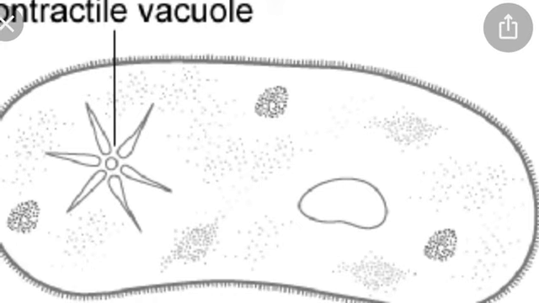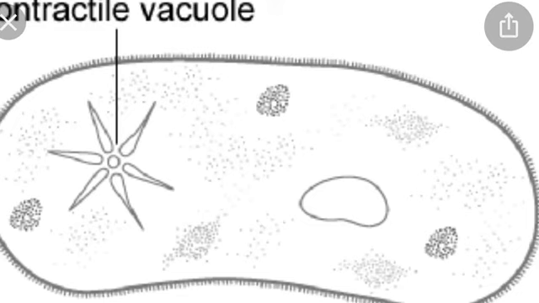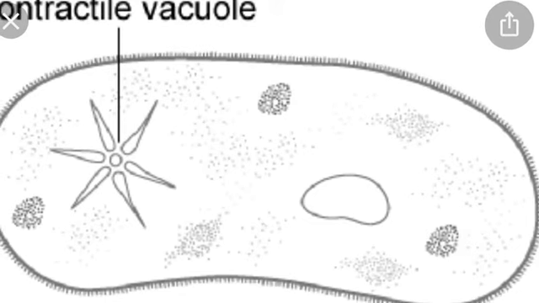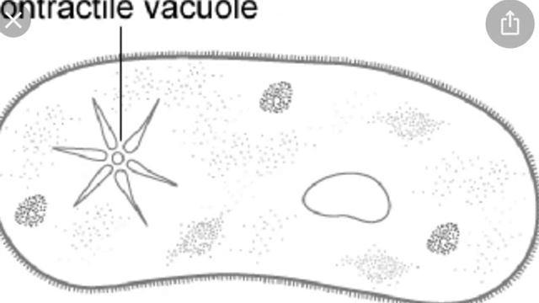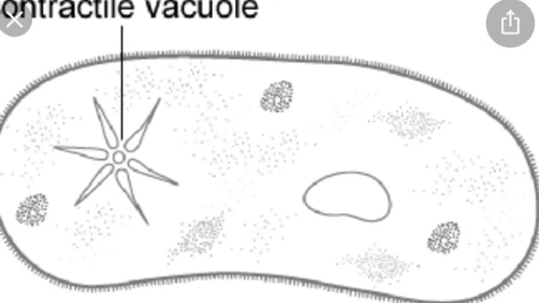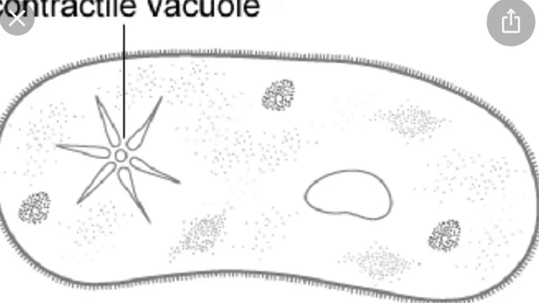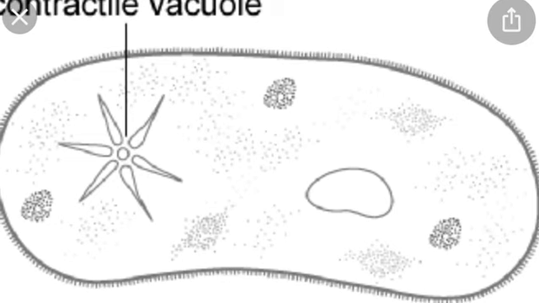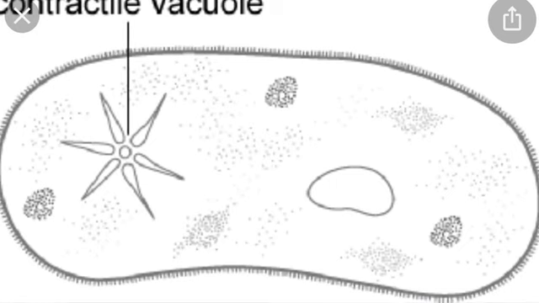It acts like a pump, and it pumps the water out of the euglena, paramecium, and the amoeba. Therefore, the contractile vacuole is responsible for controlling the amount of water found in protists.